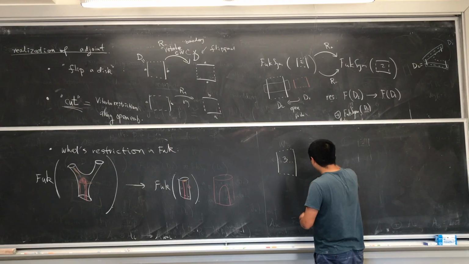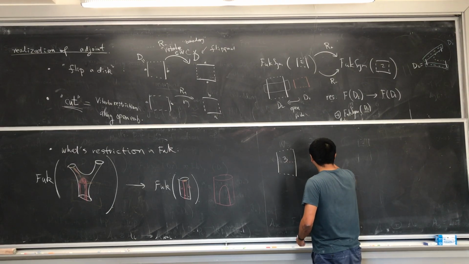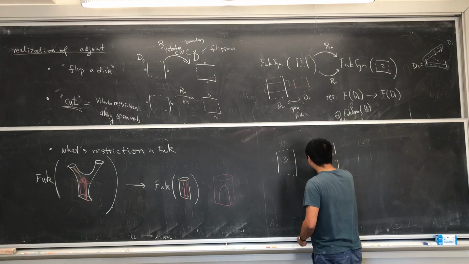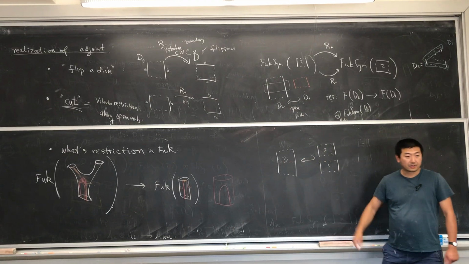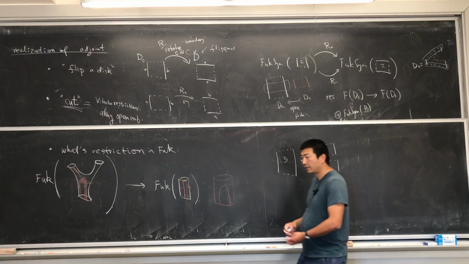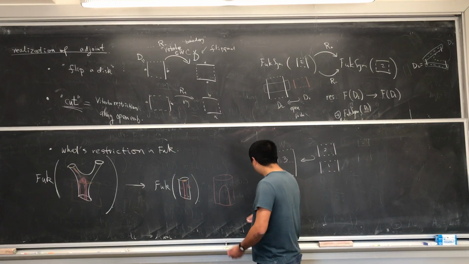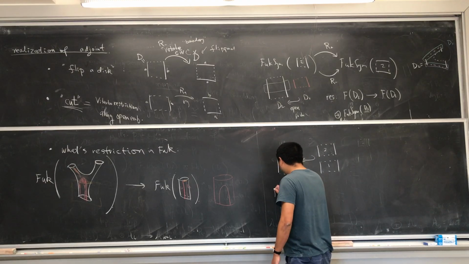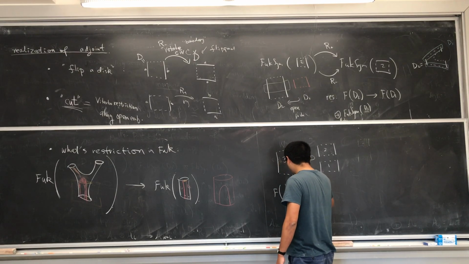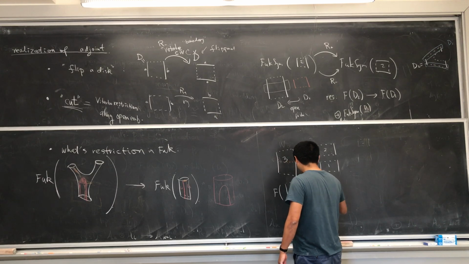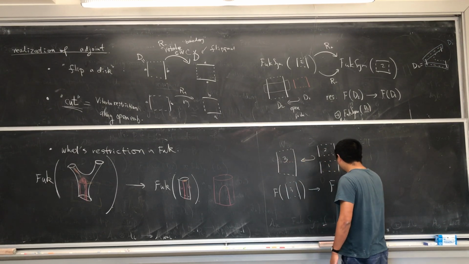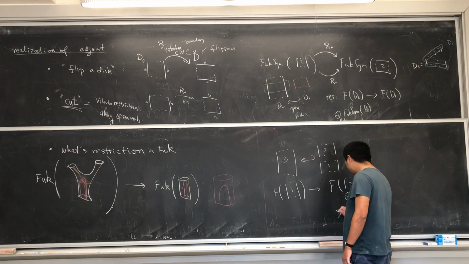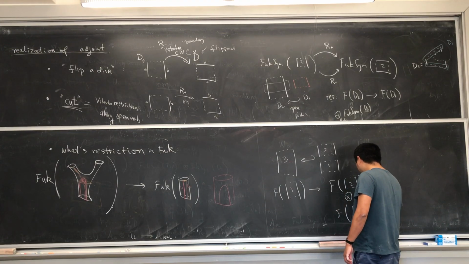I want to say this guy 2 and 1 includes into this disk. So the restriction functor, being contravariant, will say the Fukaya-Seidel category of this guy restricts to the Fukaya category of this guy tensor, let me just draw the tensor like this, with the Fukaya category of this guy.